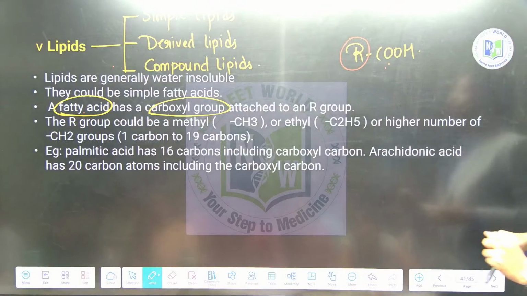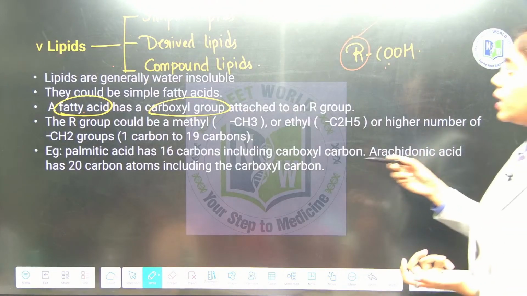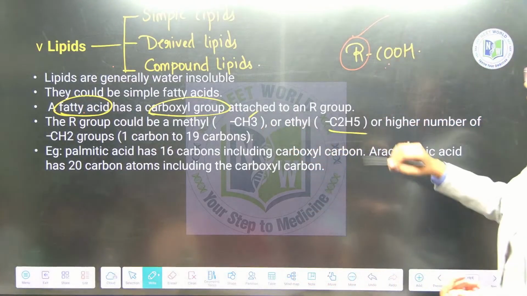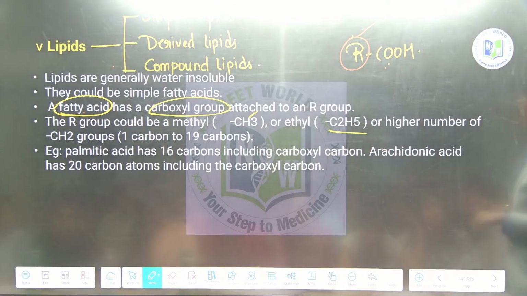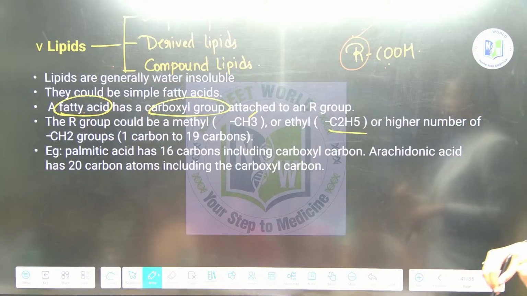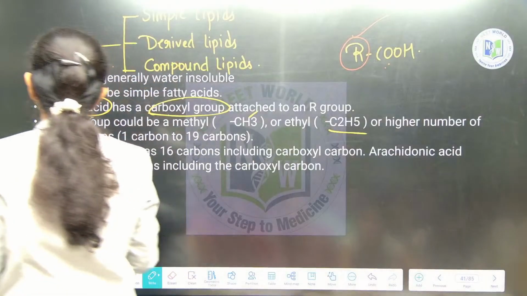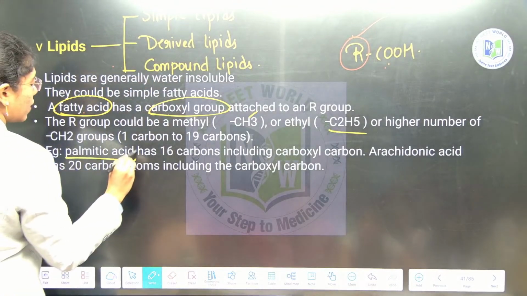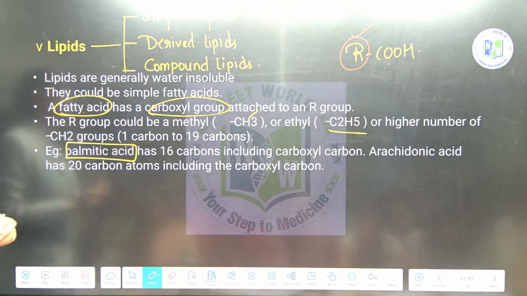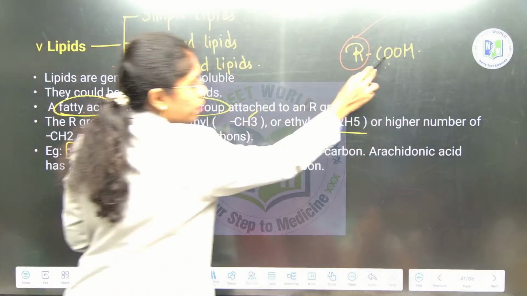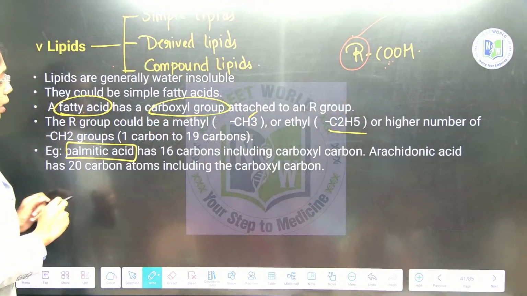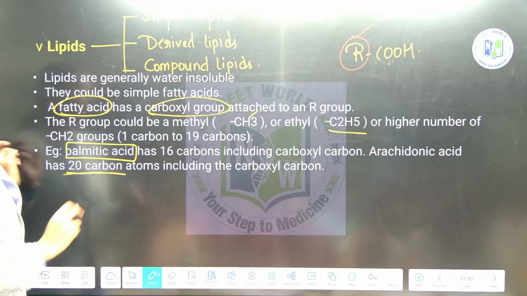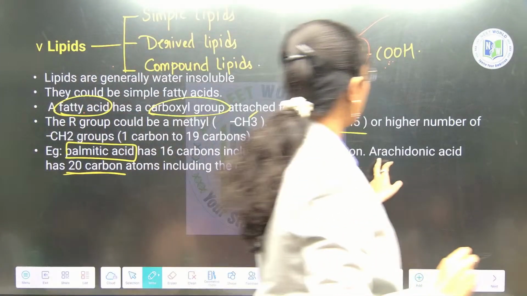The R group can be anything. It can be methyl, ethyl or a higher number of carbon groups also. The carbon groups can vary from 1 to 16 to 20 also. For example, palmitic acid will have 16 carbons including the carboxyl carbon. Arachidonic acid will have 20 carbons including the carboxyl carbon.